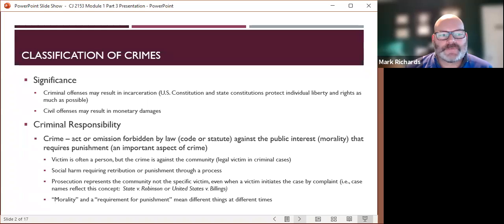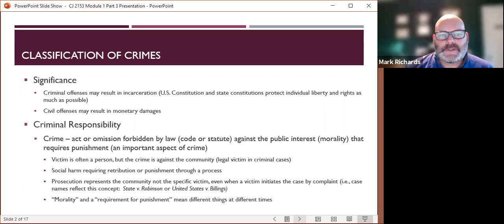If you remember, criminal offenses could result in incarceration, meaning jail time or prison time, or even ultimately the death penalty. A civil offense, or what's known as a tort, results in monetary damages.